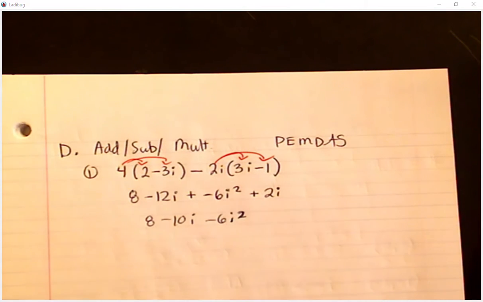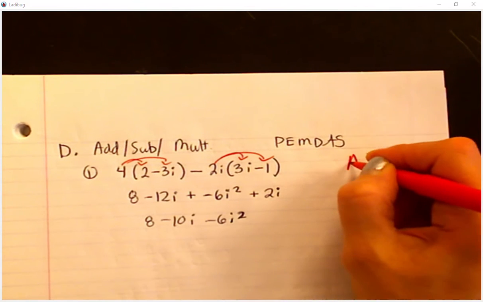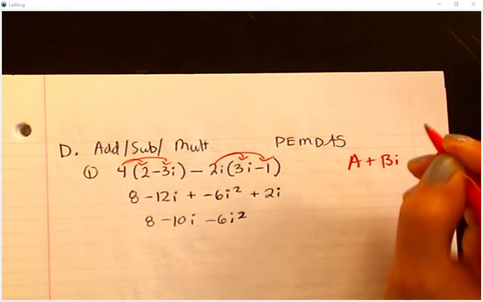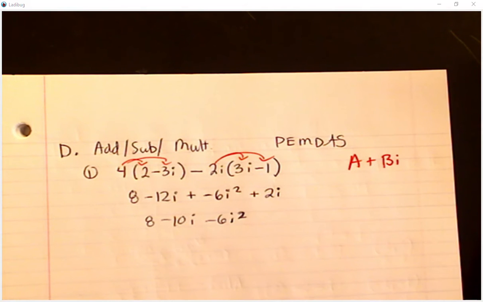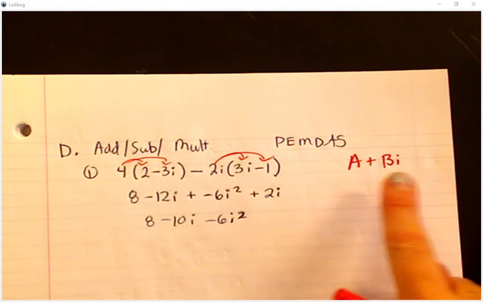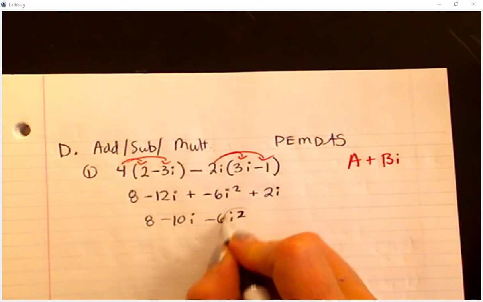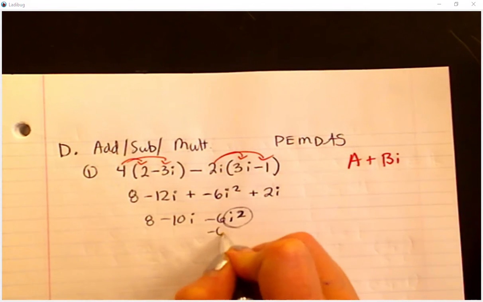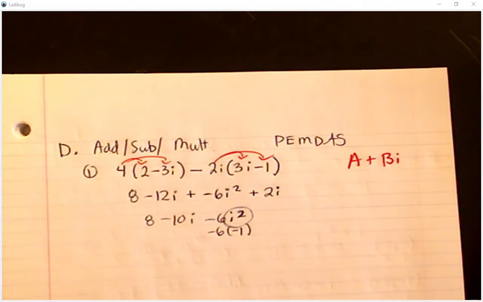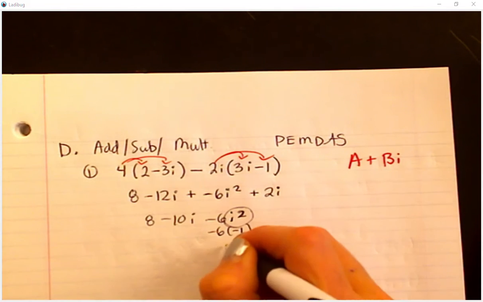Okay, so I noticed that my answer is not in standard form, which means you have to reduce the powers of i so that you can put it in standard form. Okay, right here, I know that i squared is really -1.